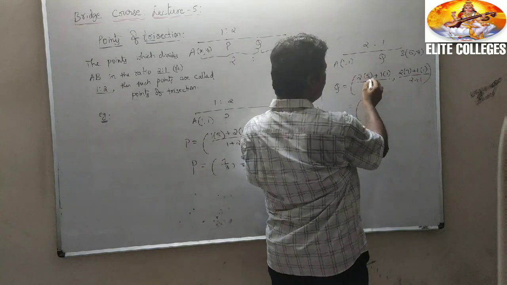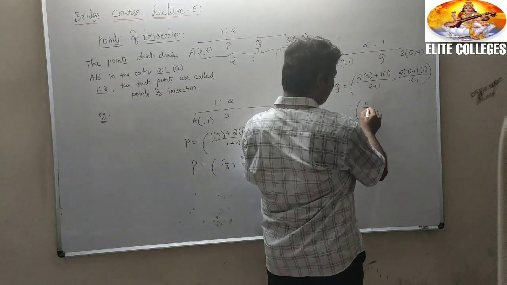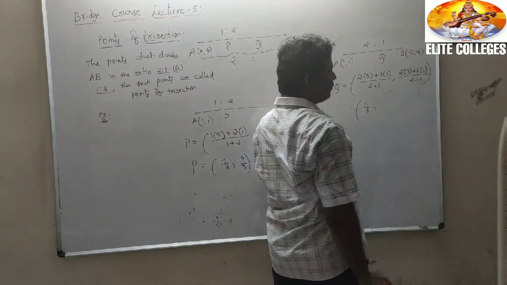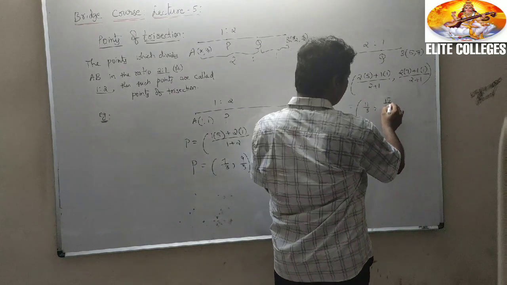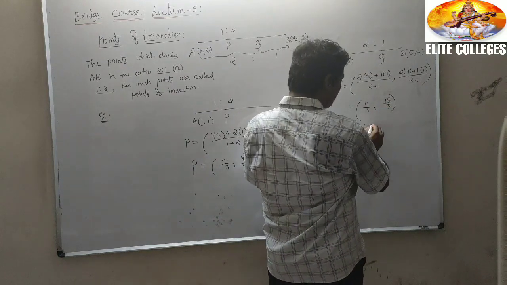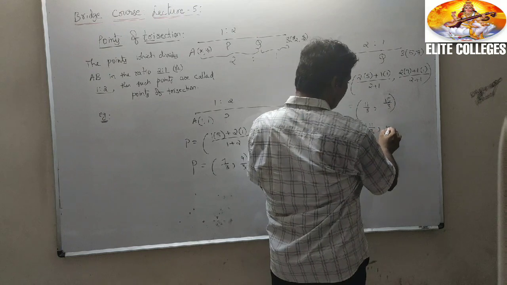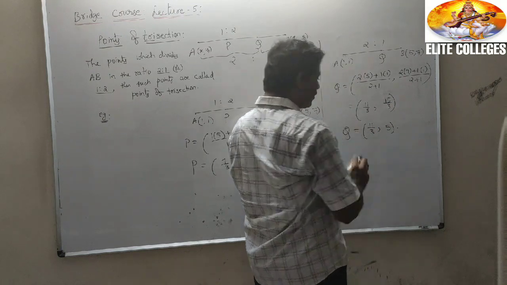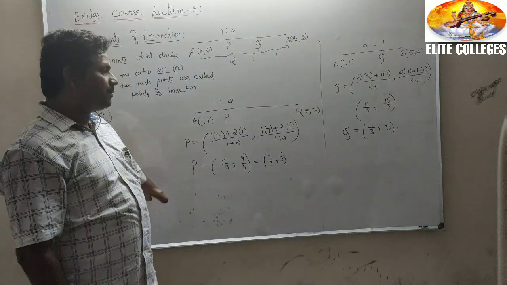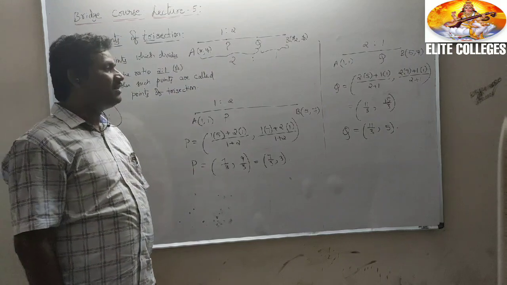That is (10 plus 1) is 11 by 3, comma, (14 plus 1) is 15 by 3. What is this equal to? 11 by 3, comma, 5 is the point. So the points P and Q are called points of trisection.